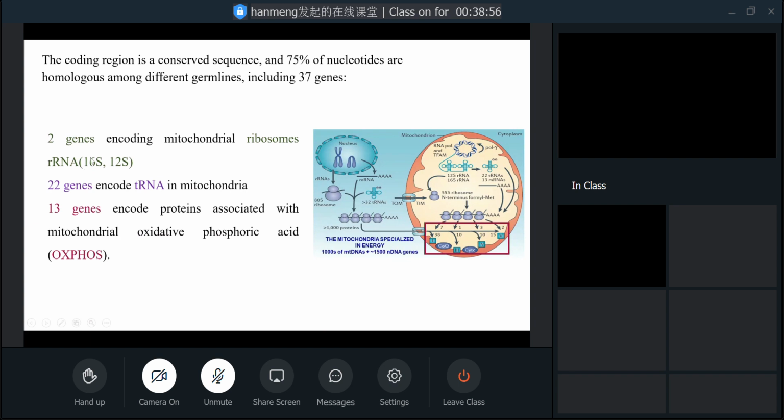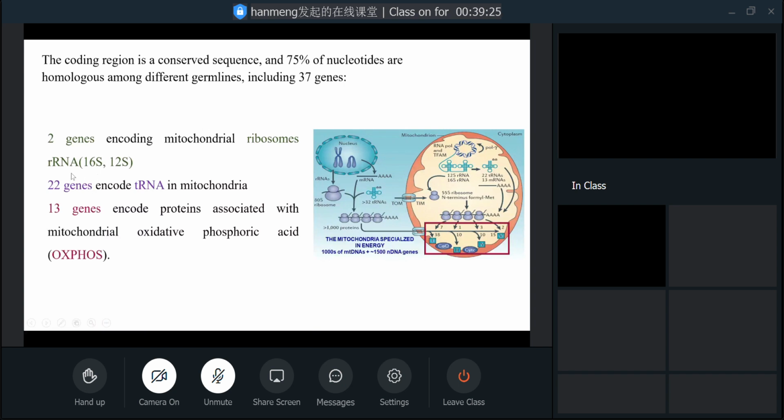Here you can see the mitochondrial ribosomal RNA has a subunit that is 16S, identical with the prokaryote ribosomal RNA.